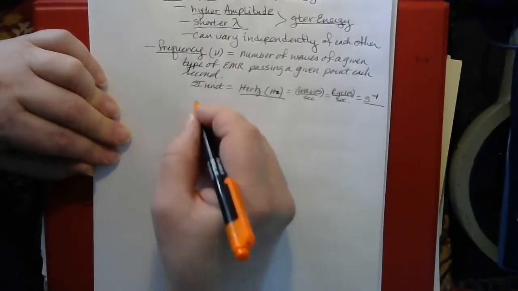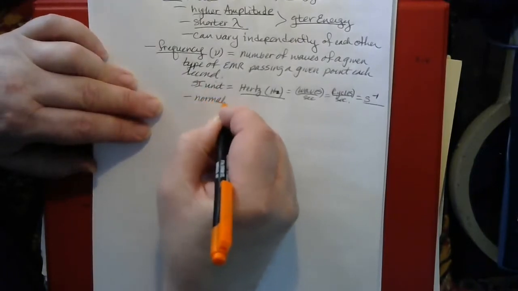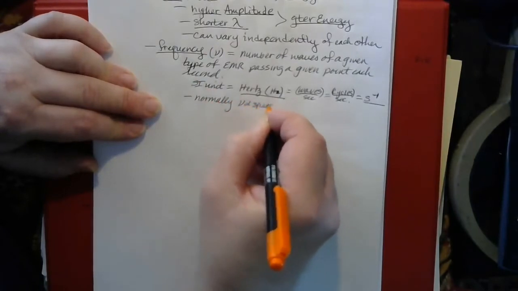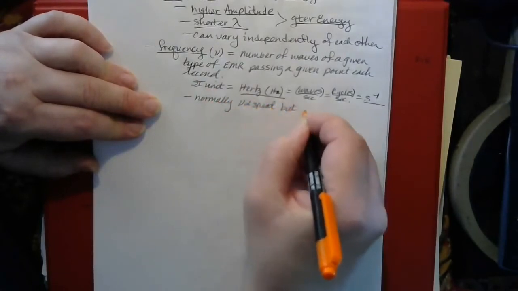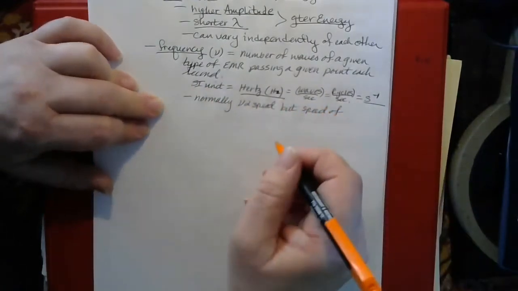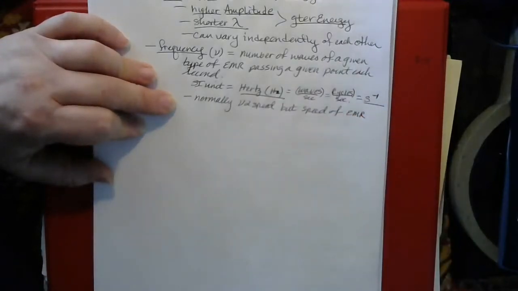Frequency would vary with speed normally. But the speed of electromagnetic radiation in air or a vacuum is constant.